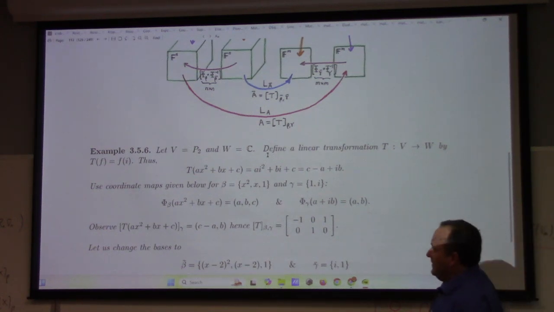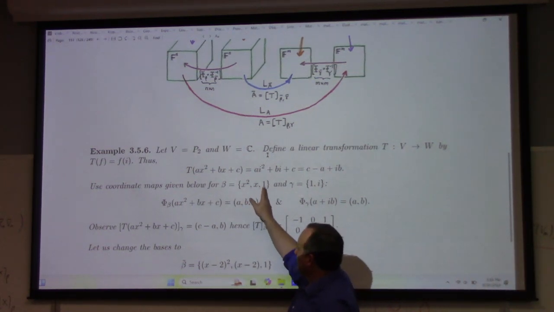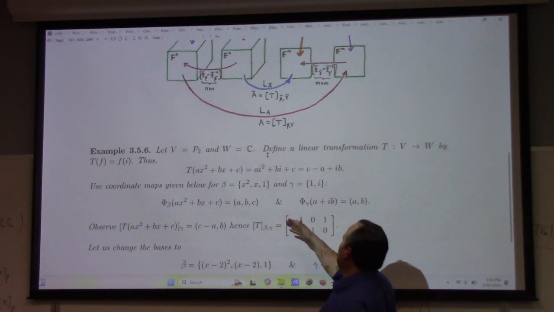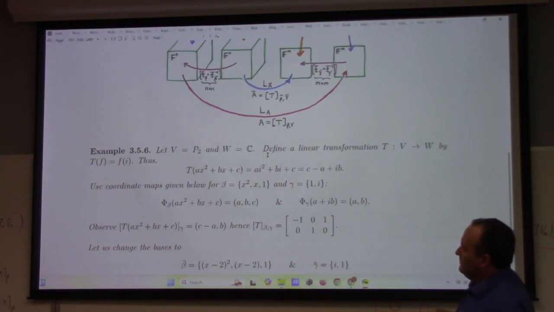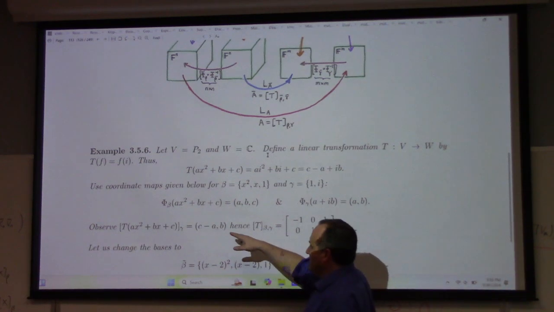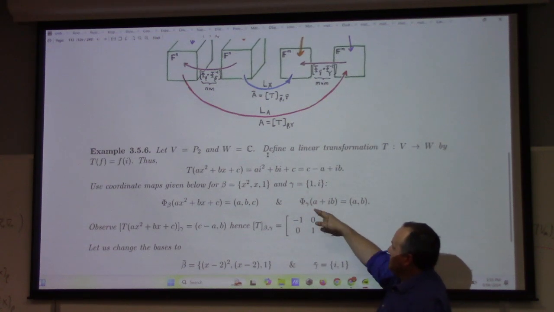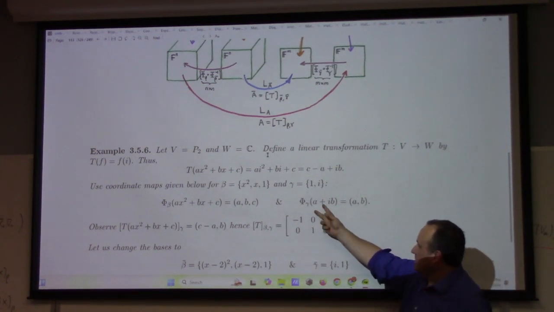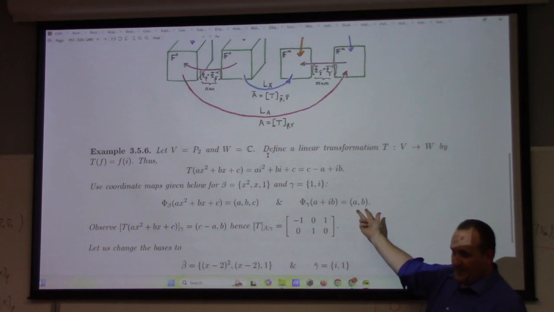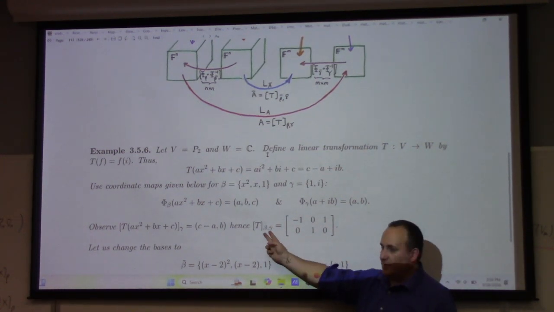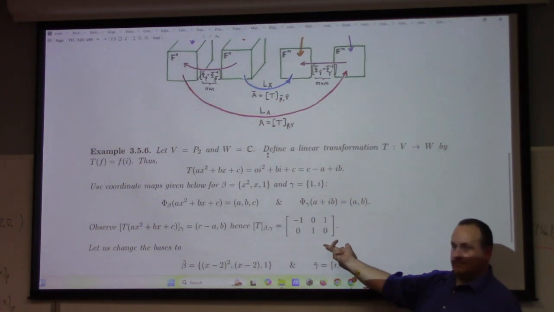And I'm going to use the basis x squared, x, 1, just to be weird, apparently. It's decreasing order. I'm sorry, it just looks weird to me for some reason. Fine, but that makes the coordinate vector of ax squared plus bx plus c equal abc. And over here, the basis for complex numbers, a plus ib has coordinate vector ab. And lo and behold, the matrix for T with respect to the beta gamma bases is that.